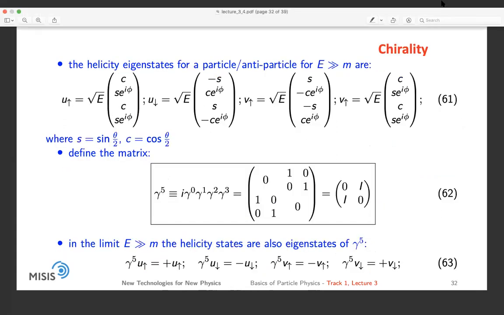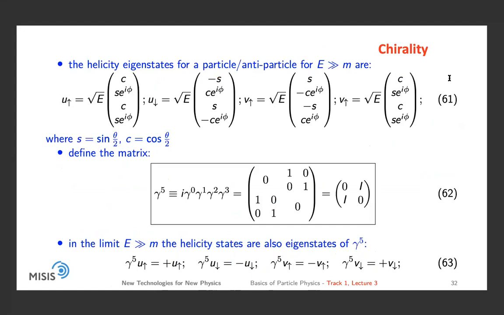And one final notion which I would like to go over is the chirality. So far we talked only about the helicity eigenstates. And here we have again the expression of the helicity eigenstates in case of the ultra-relativistic limit or massless particle. Now, if you define the matrix gamma 5, which is the product of all four gamma matrices, we can see that at the same limit, these helicity eigenstates would be eigenstates also of gamma 5.